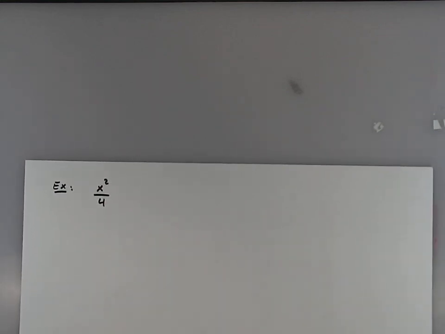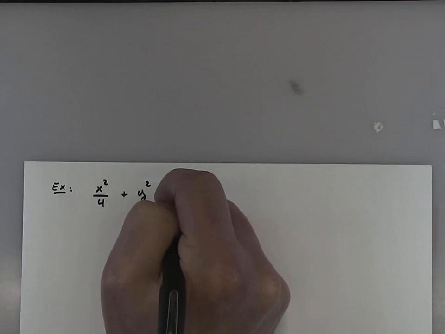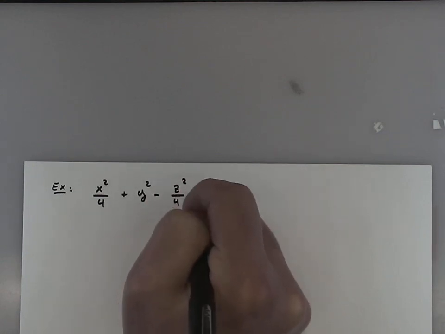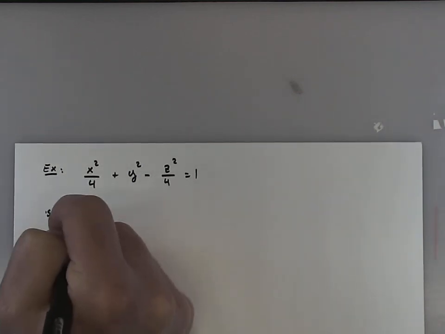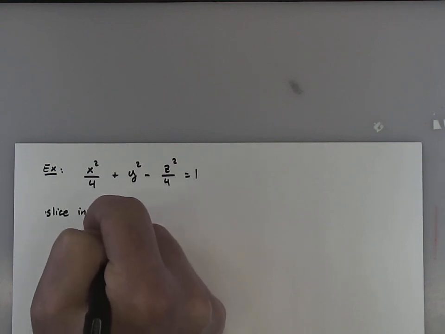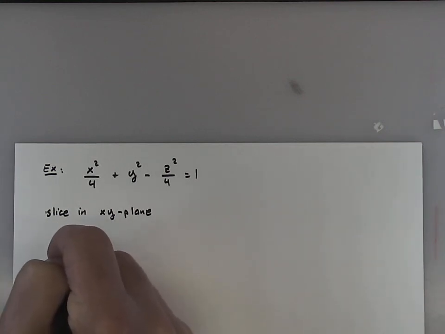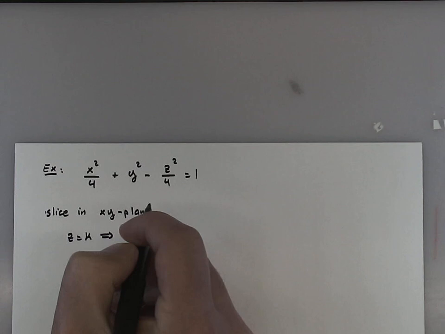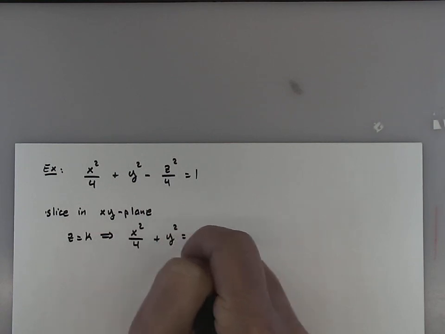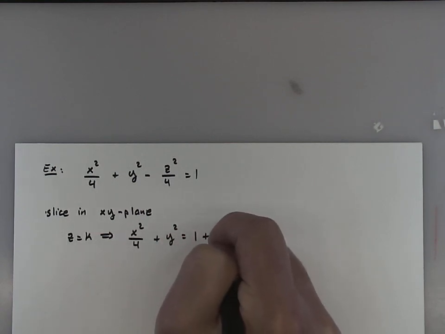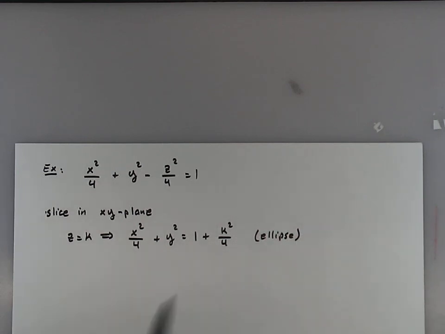Example, x squared over 4 plus y squared minus z squared over 4 is equal to 1. So if I take a slice in the xy plane, that means z is a constant, which means x squared over 4 plus y squared is equal to 1 plus k squared over 4, which is an ellipse.